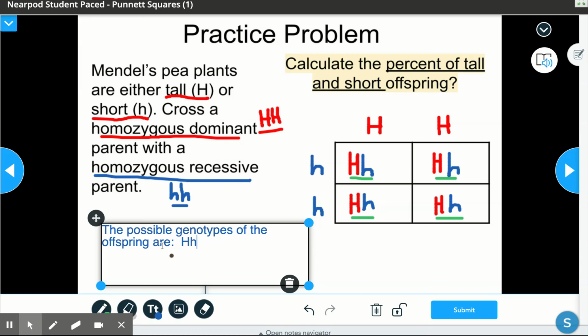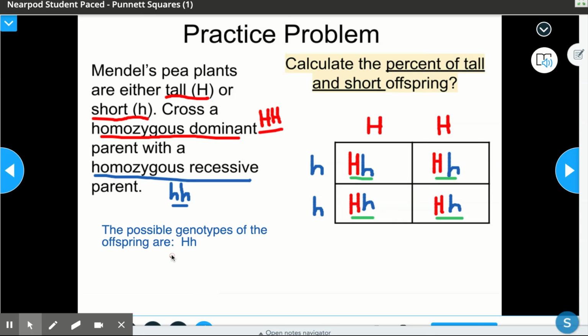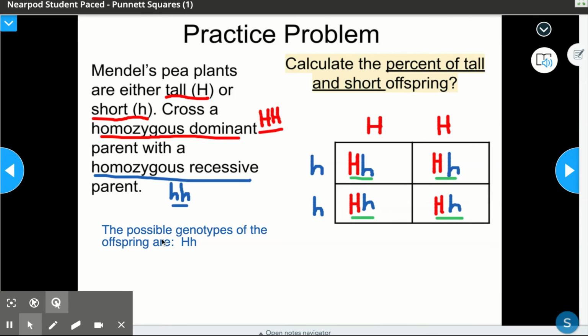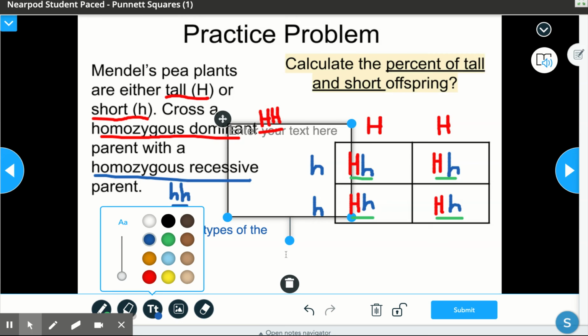Those are the only genotypes that are possible. It's the only genotype possible for these offspring. And so let me go back to writing here.